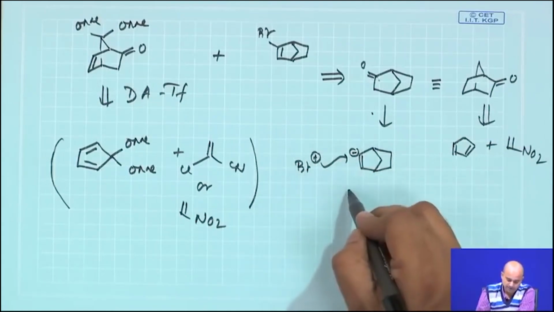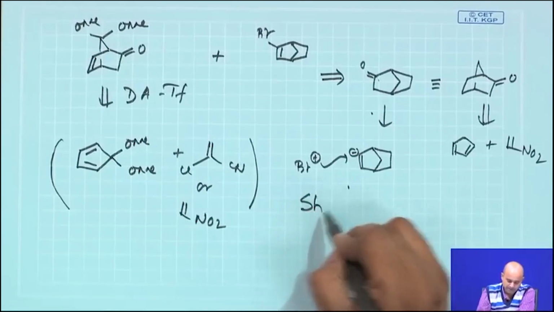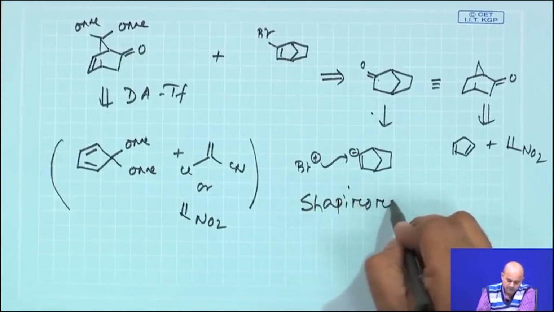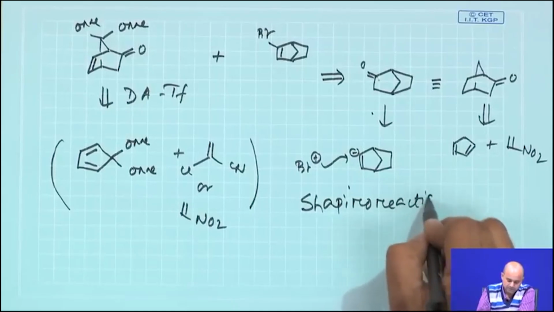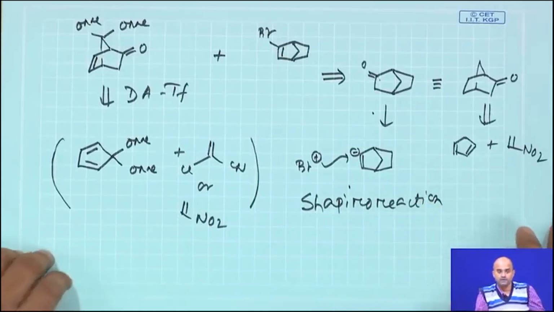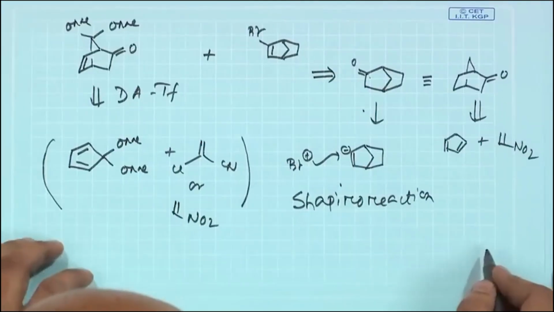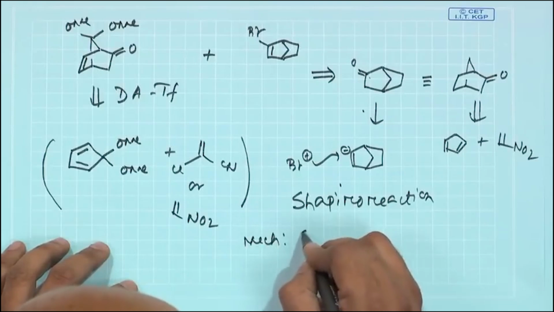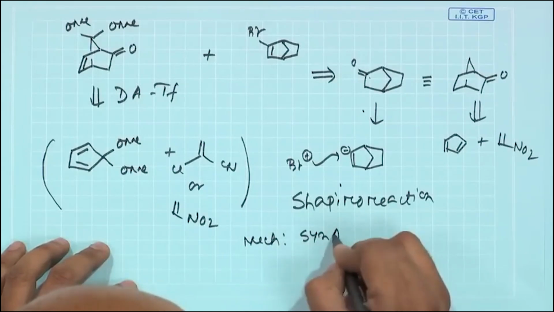vinylic bromide. Now, actually this reaction in principle can be done by a reaction named the Shapiro reaction. We have not discussed the Shapiro reaction, but it is a very useful reaction. Again, if you are looking for the mechanism, go to synarchive.com.